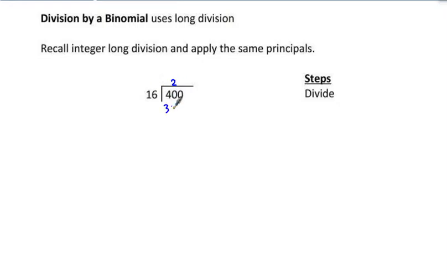2 times. So the 2 goes over the 0 at the end of 40, and we multiply then 2 times 16 to get 32. So we first divided, then we multiplied. The next step is to subtract 32 from 40, which leaves 8.